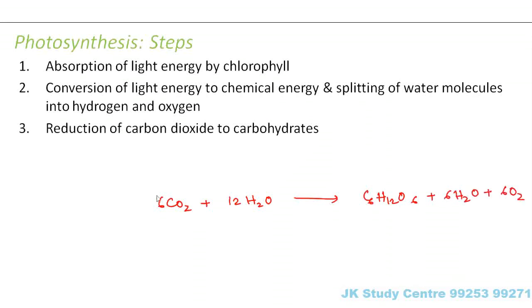So here you can see what's happening. This water molecule actually splits into hydrogen and oxygen, and that is why this oxygen gets released. Similarly, this carbon dioxide gets reduced to carbohydrate. Glucose is a carbohydrate, right? So this is a carbohydrate. Clear? So these are the three basic steps of photosynthesis.